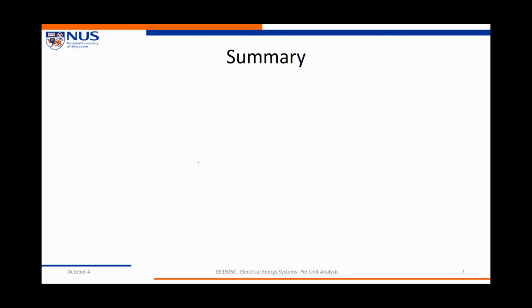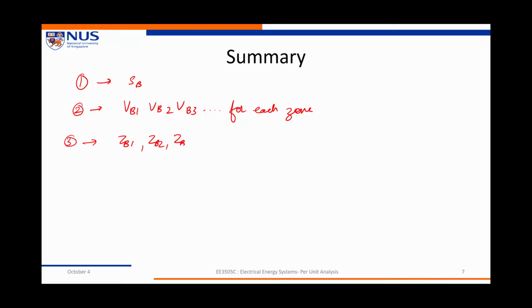So in summary, let's look at all the steps required to do per unit analysis. The first step is that we need to find out the S base for the system. Then we find out the V bases for each of the zones for our system. Correspondingly find out what is ZB1, ZB2, ZB3, etc. for each zone.